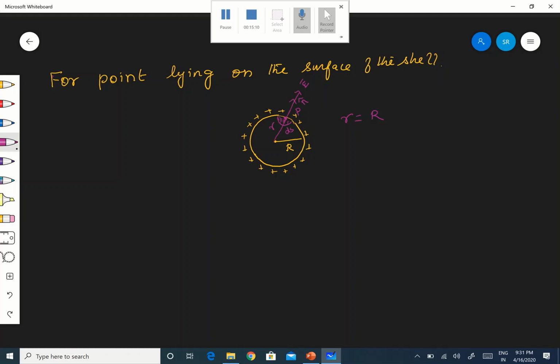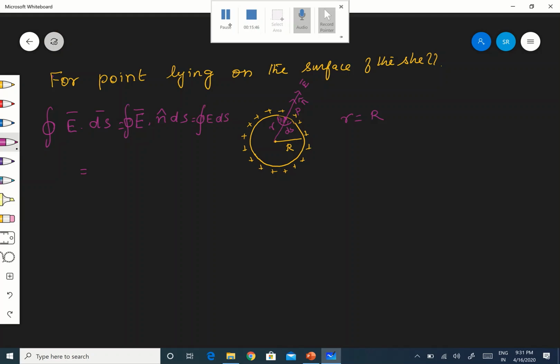Therefore you can have E dot ds, that is equal to E dot n ds, and that is equal to E ds cos theta, cos 0. Therefore you will be getting E ds.